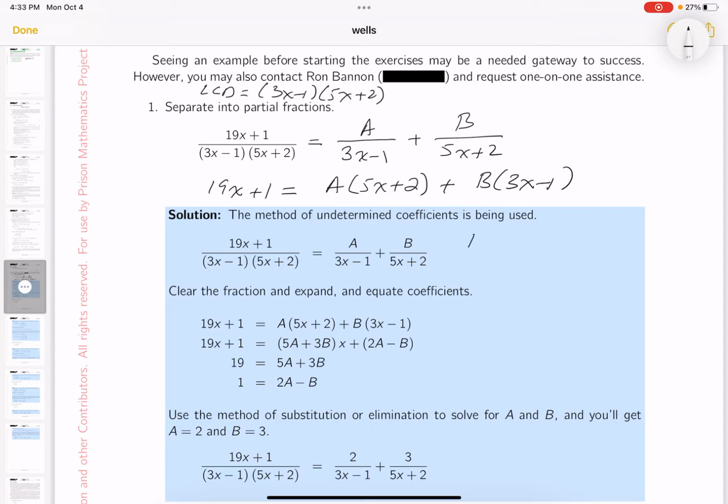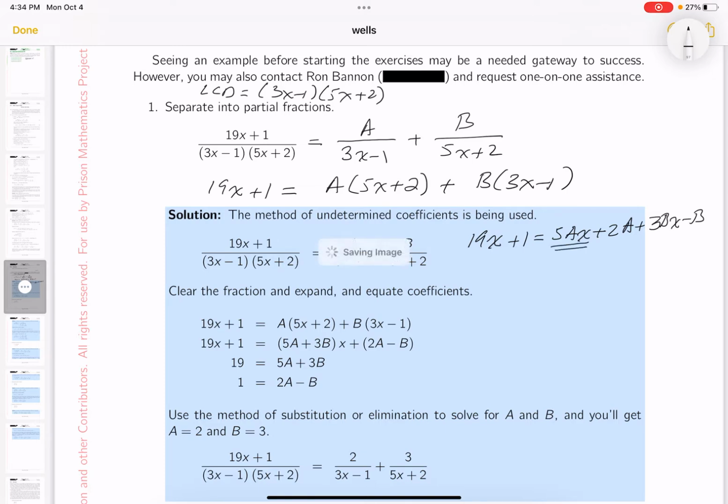So we're going to get 19x plus 1 equals, let me write this down for you. It's going to be 5ax plus 2a, and then you're going to get plus 3bx minus b. So what they do is they equate coefficients. What do I mean by that?